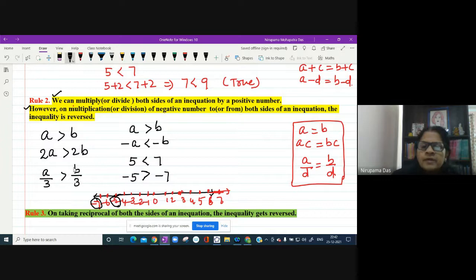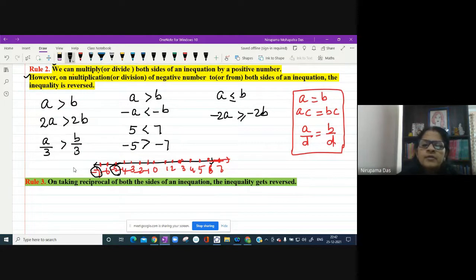Similarly, you can write, suppose I write here a less than or equal to b, I take minus 2a greater than or equal to minus 2b. So whenever we multiply any negative number to both sides of an inequality, the inequality is reversed. Similarly, we can divide also, right?